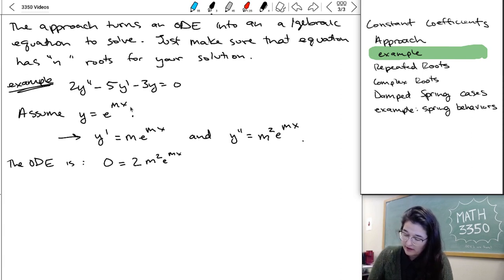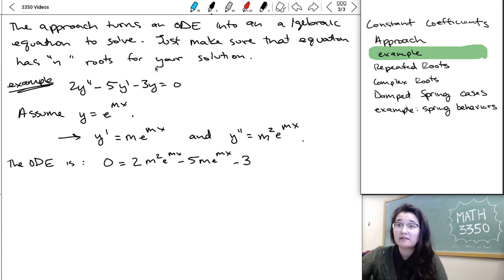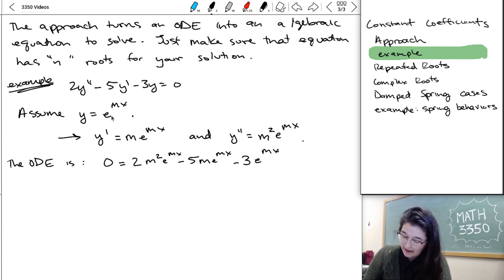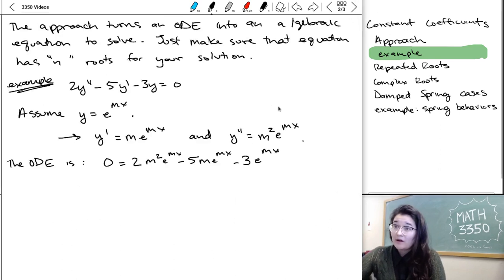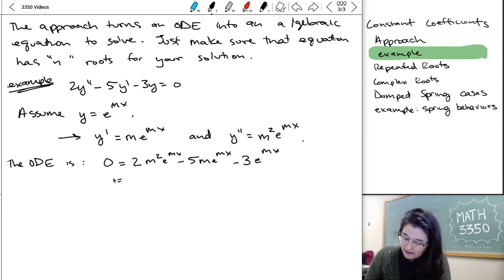So I do minus 5, and I plug in my y prime I just found. And then it's minus 3 times y, so I just plug back in that first y, e to mx. And then the next step is when we note that it's really easy to factor out e to mx.